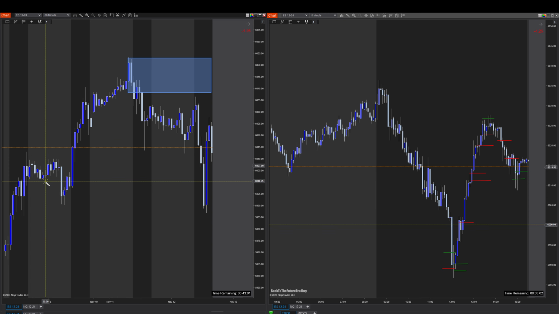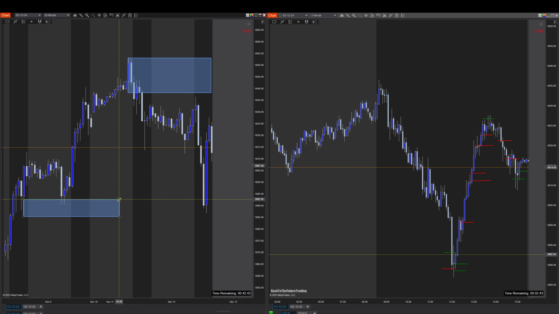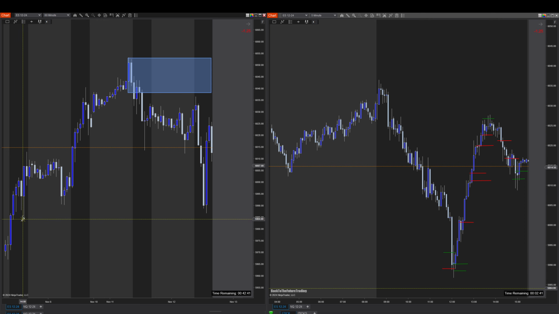What else do we have further to the left? You might say this is demand here, right? You can say this is demand here, but you always have to think where the real buyers are, right? So this move started from this low, we pushed up. So essentially this whole candle formed demand, this green candle.